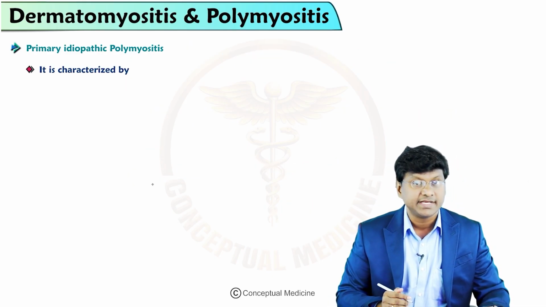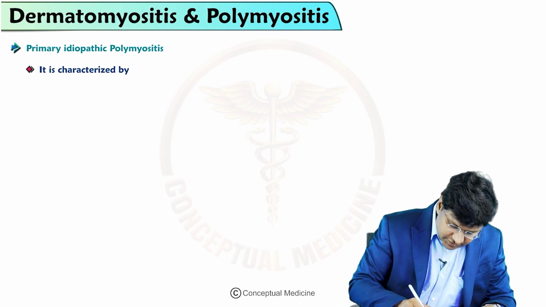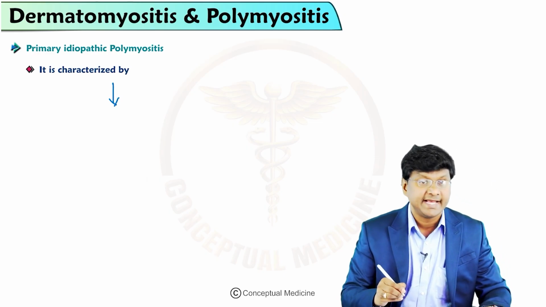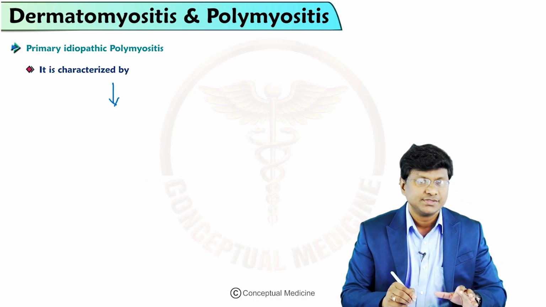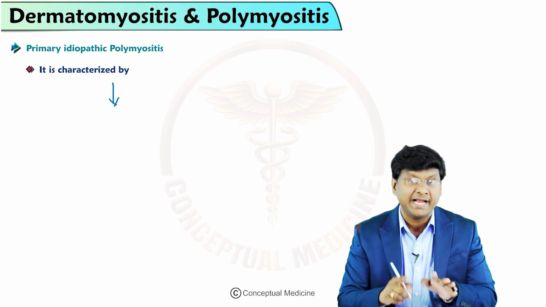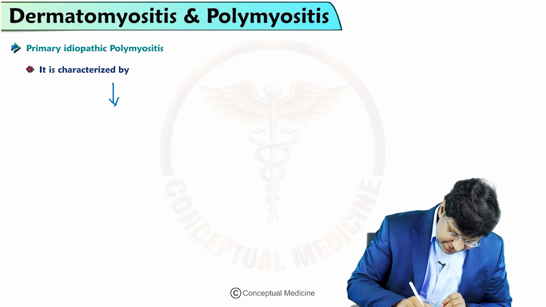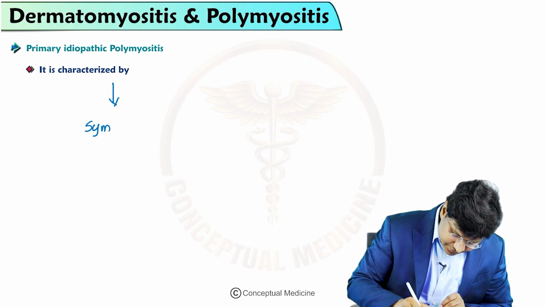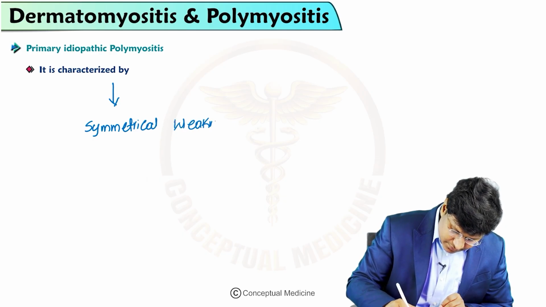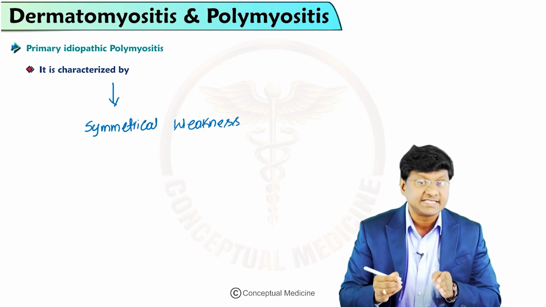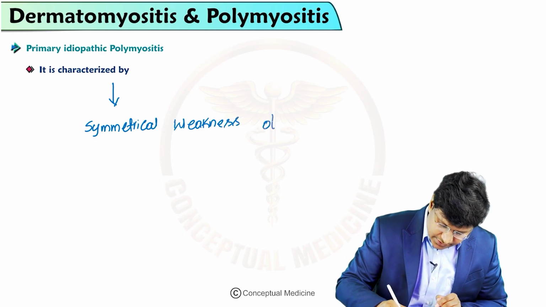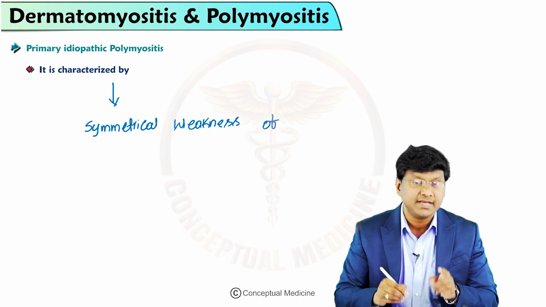And if you see the characteristic features, polymyositis has muscle weakness, and the pattern of that muscle weakness is symmetrical weakness of proximal limb muscles.